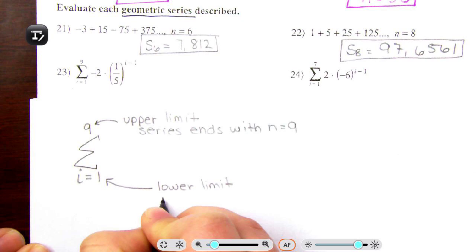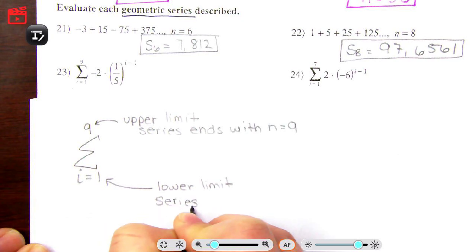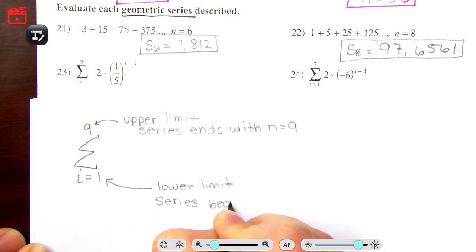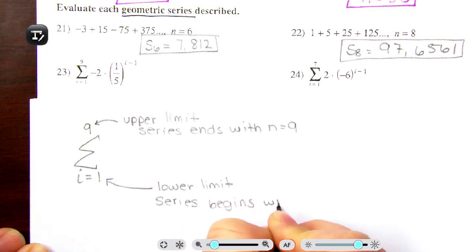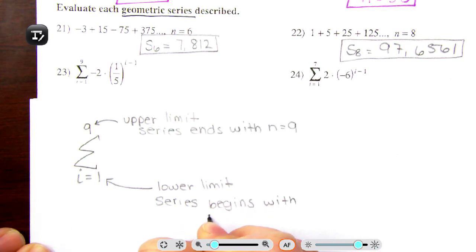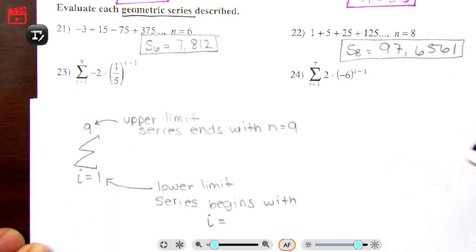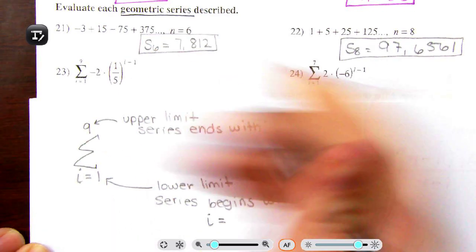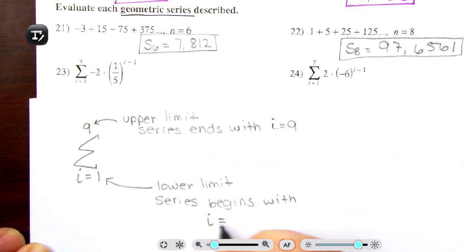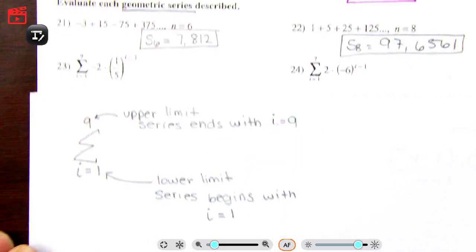That means your series begins with, and I'm saying n, we're just using the same letter here. So in this case, it's using I, but we're more familiar with using n.